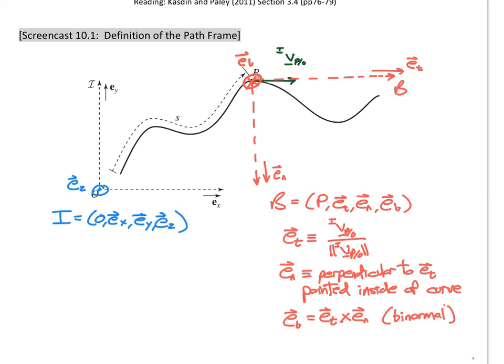However, if we put this at a different place on the curve, where we have E sub t along the path, and then we have E sub n pointing in the concave direction, then E sub t crossed with E sub n gives us a vector that's pointing out of the page for the binormal vector. So our binormal vector will be flipping to be out of the page or into the page depending on the direction of the path, E sub t, or tangent to the path, and then the direction of the normal vector, which changes based on the concavity of the curve.